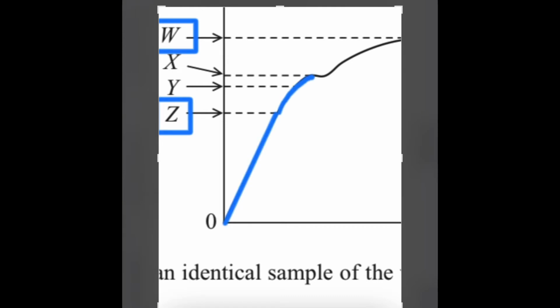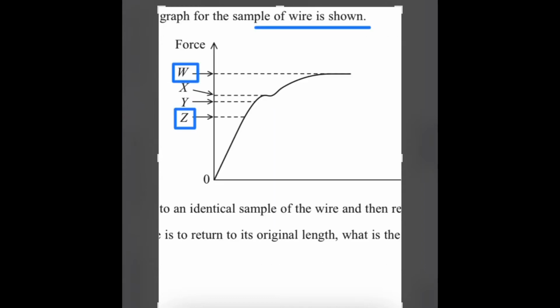Since there is a bend, it shows that after point Z, the force and extension are not proportional. Since the graph is not straight anymore, Z is known as the limit of proportionality. After the limit of proportionality, the line is not a straight line anymore.